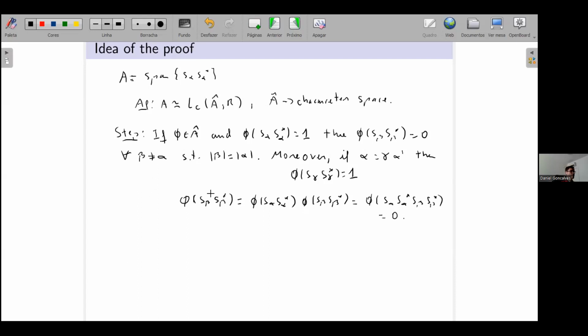So for any S_beta star you get 0 if it's not alpha.